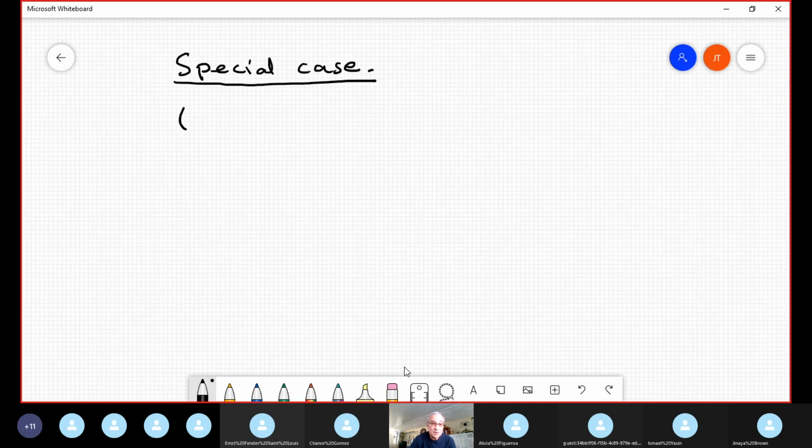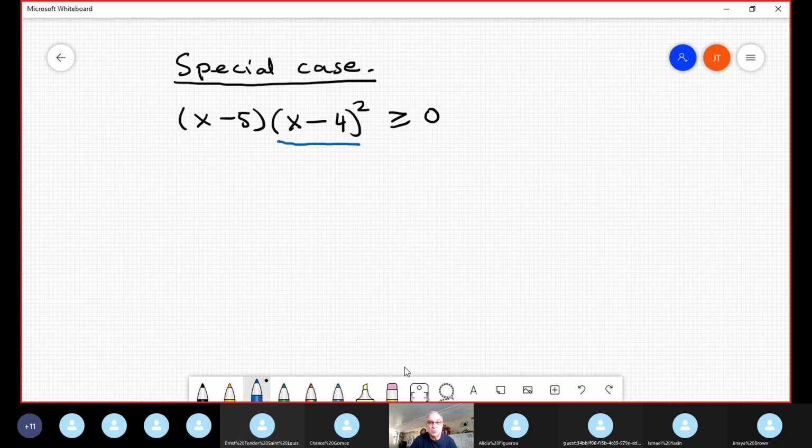Suppose this example, x minus 5. Suppose that I did the factorization. Okay, I ignore this complication, and on the right-hand side now is 0. Greater than or equal to 0. So I move everything to the left. I did the factorization, and I realized, wow, this factor contains an even exponent, which is 2.